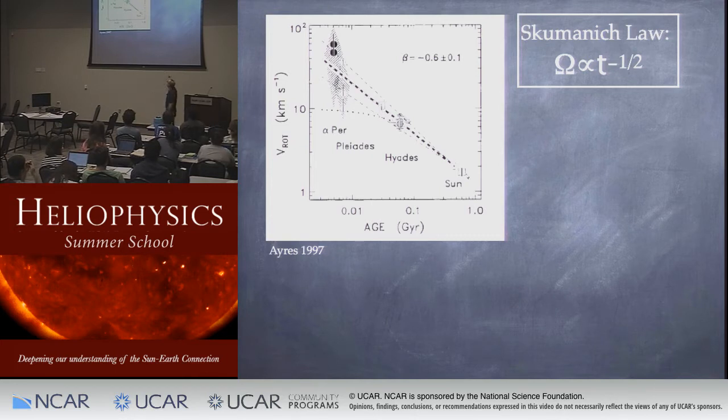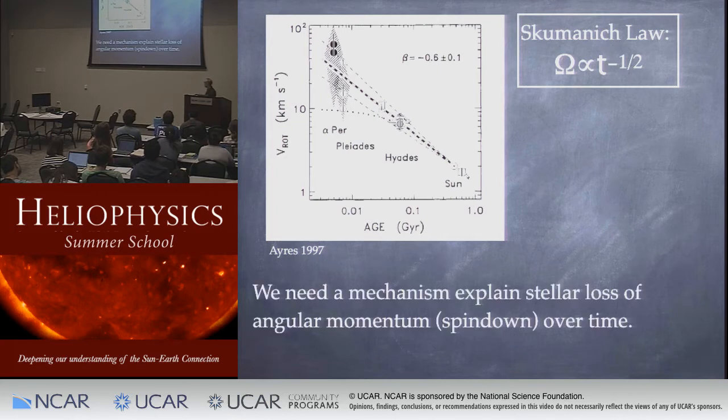I think this is in giga years. Okay, and it's a scaling law that we see works pretty well for main sequence stars. But we need a mechanism to explain why stars spin down with age. So they lose angular momentum somehow, and we need to come up with an explanation.